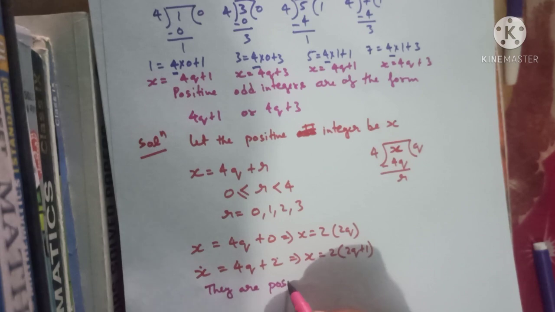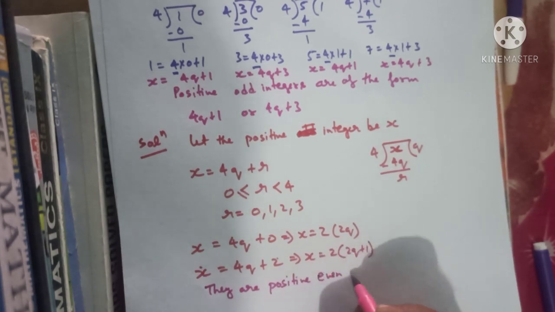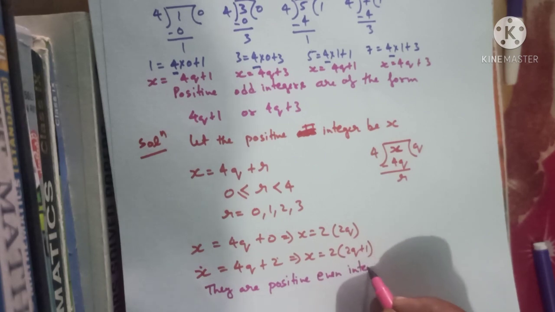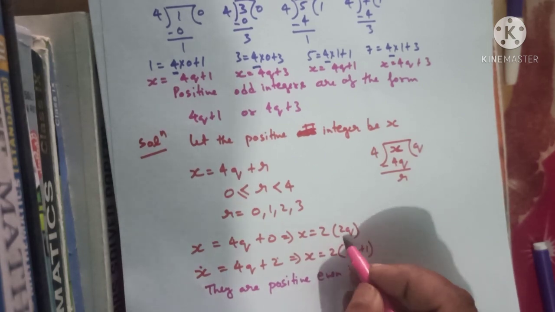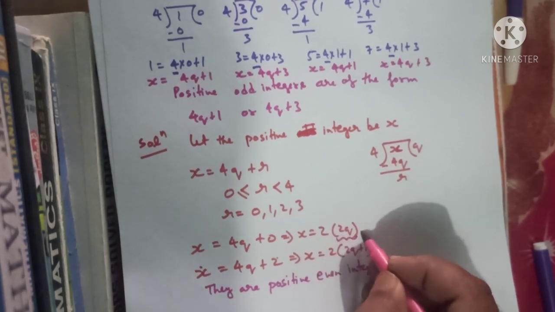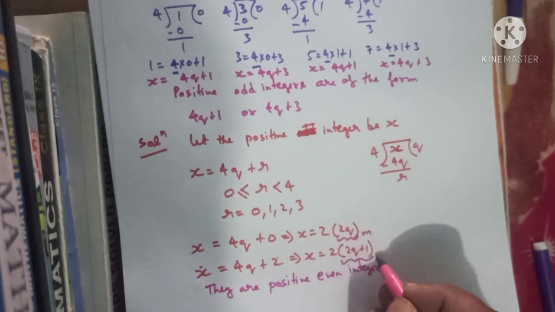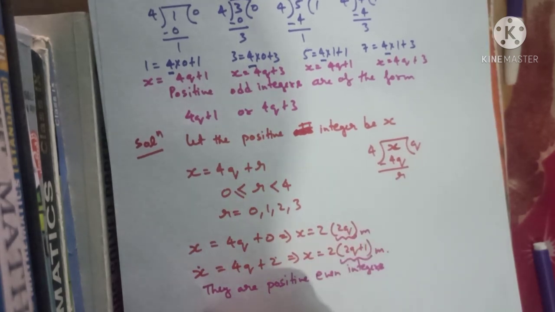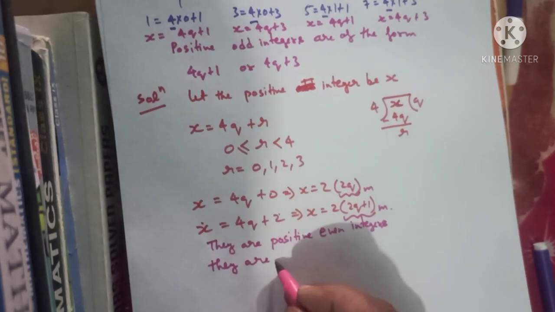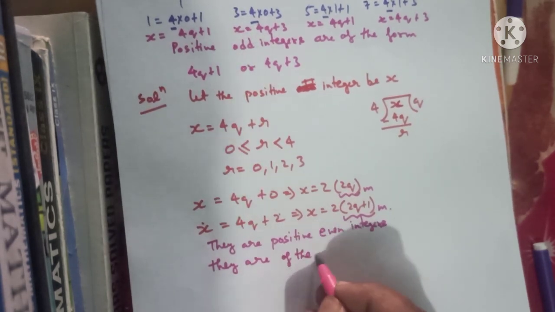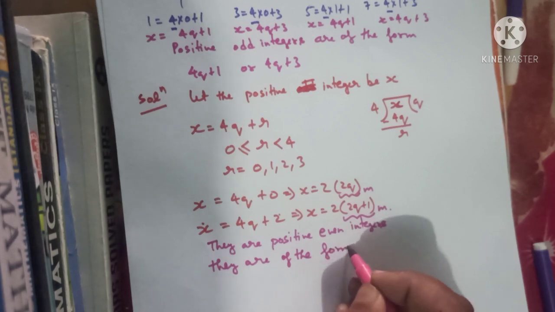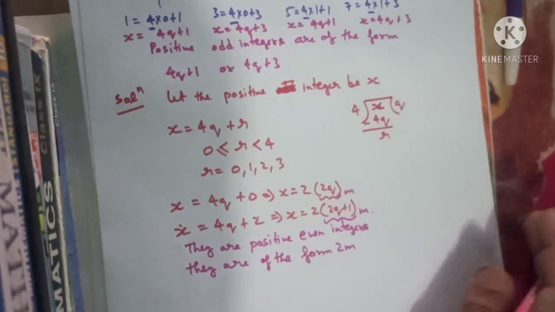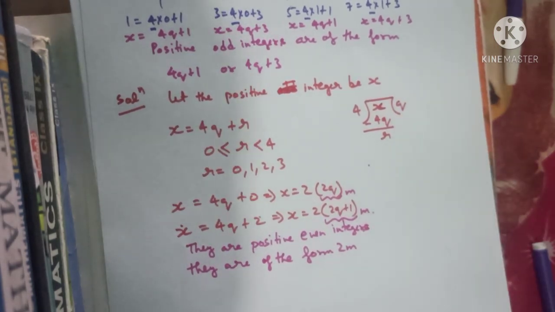If we take this value as any integer m, we can say that they are of the form 2m.